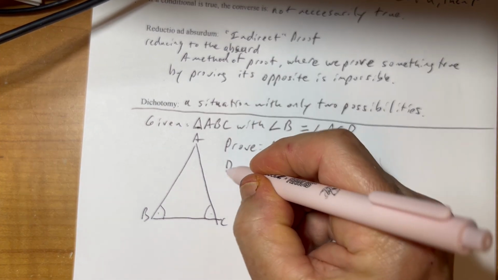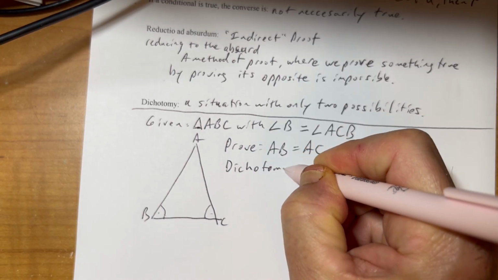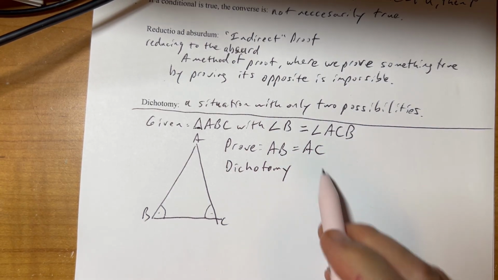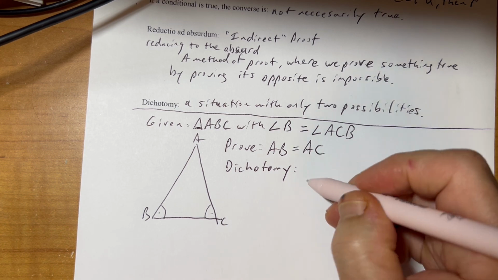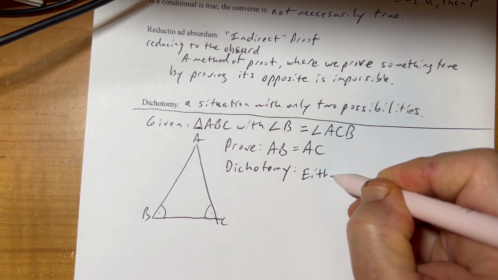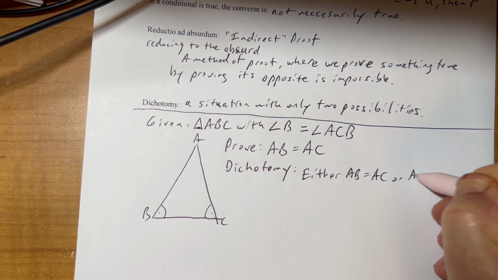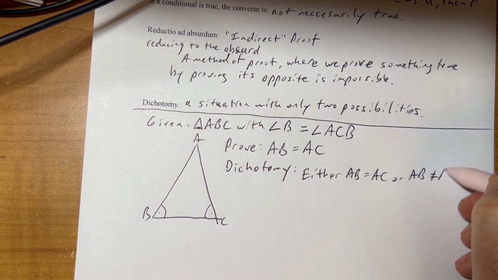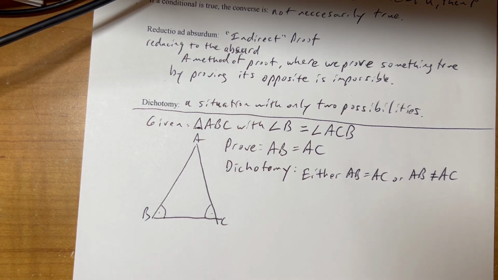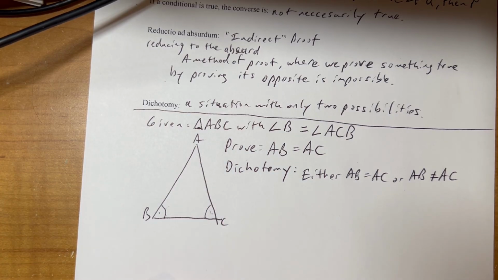Okay, so the first thing I do is establish the dichotomy. And the dichotomy is going to be based on what I want to prove. See, so the dichotomy is this. Either AB equals AC or it doesn't. There are no other possibilities in the universe in this situation. If these two angles are equal, either these sides are equal or they're not.